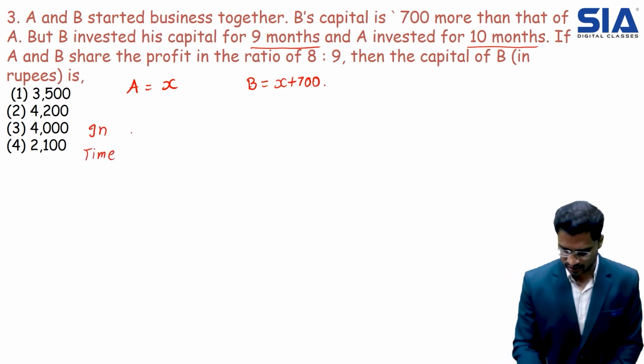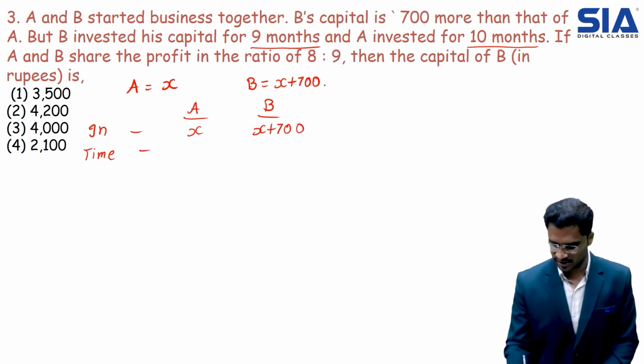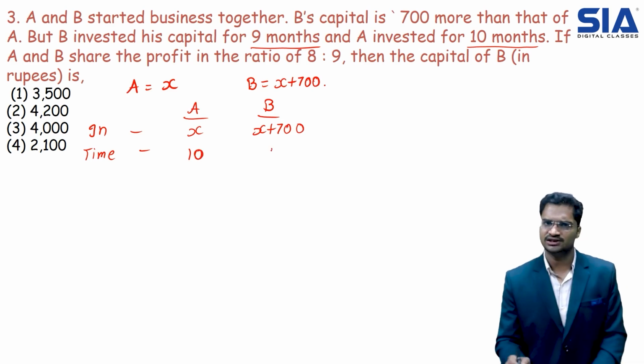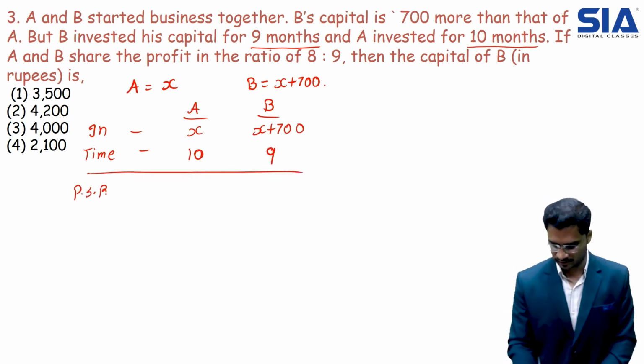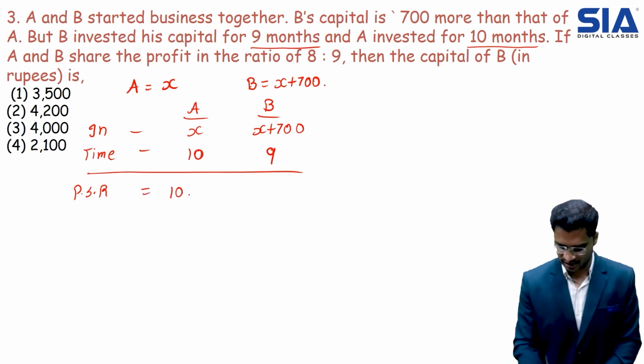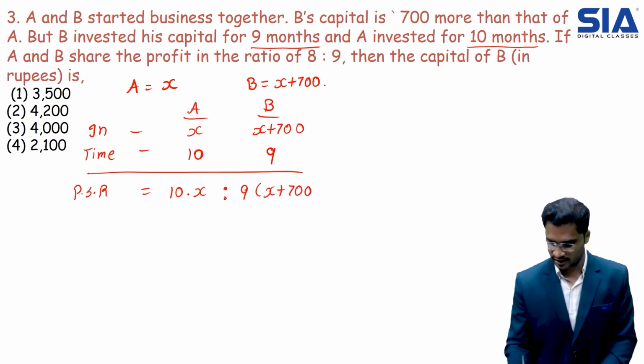So let us solve these values. So time period and investments. Investment of A is X, then investment of B is X plus 700. Then A has invested his capital for 10 months, B has invested for 9 months. So the profit sharing ratio is equal to 10 multiplied by X ratio 9 into X plus 700.